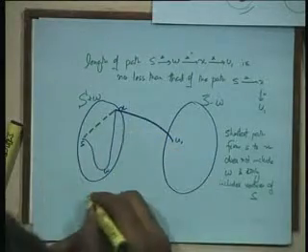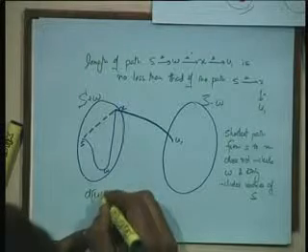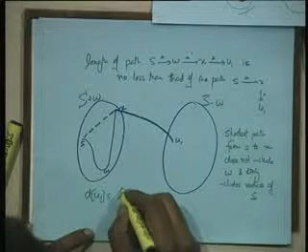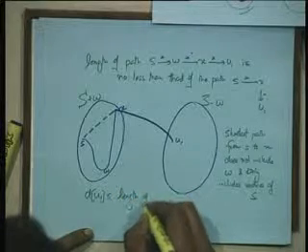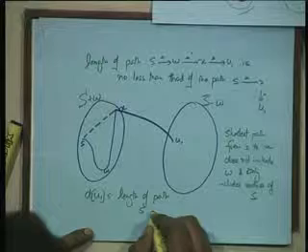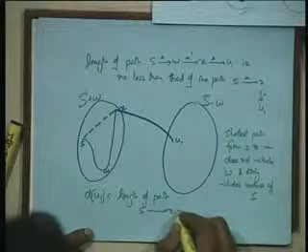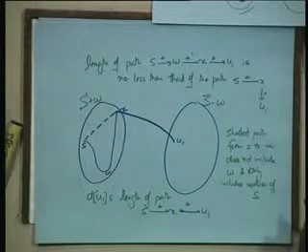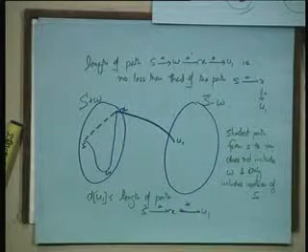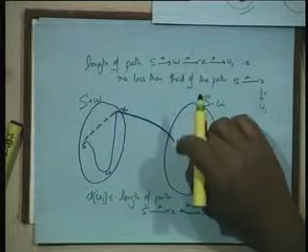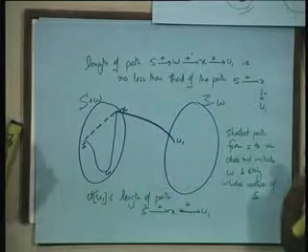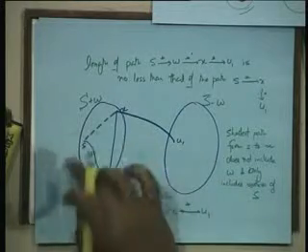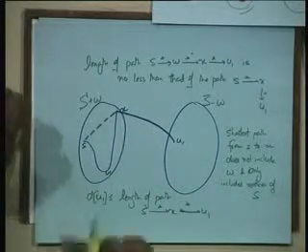About this I know that d of u1 is less than or equal to the length of path s to x to u1. I already know that, because d of u1 was the smallest possible path which used only vertices of s.